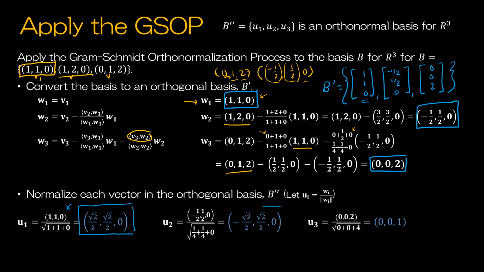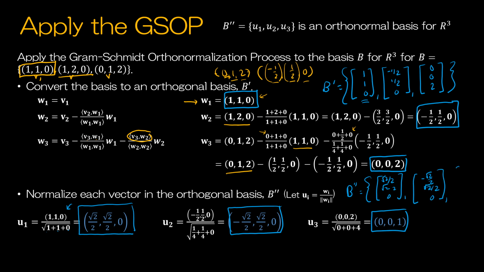Do the same thing for U2, and the same thing for U3. So B double prime, which is our orthonormal basis, is now radical 2 over 2, radical 2 over 2, 0, and then negative radical 2 over 2, radical 2 over 2, 0, and 0, 0, 1. So this is an orthonormal basis.